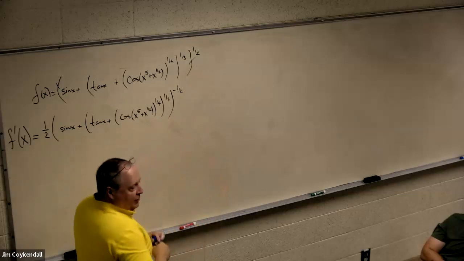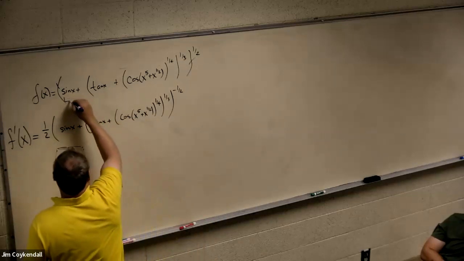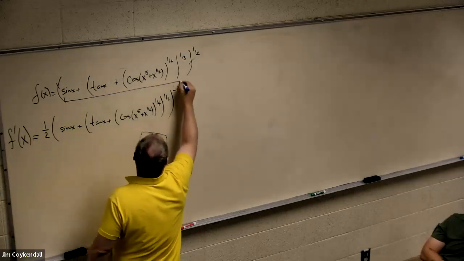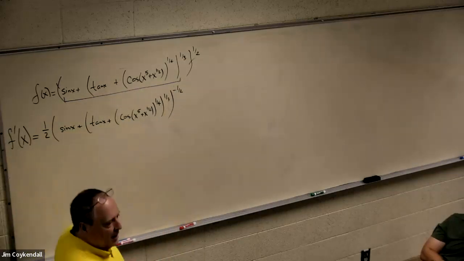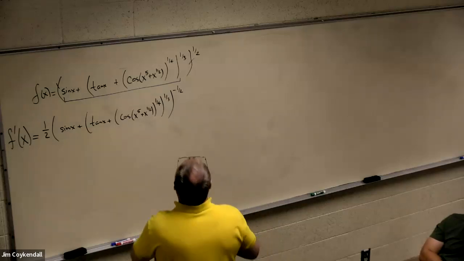But the chain rule says, hey, you're not done. I've got to take the derivative of what's inside. And what's inside is an easy piece plus another mess, right? Because it's sine x plus that crazy thing. Everybody agree with that? So, what is the derivative here?